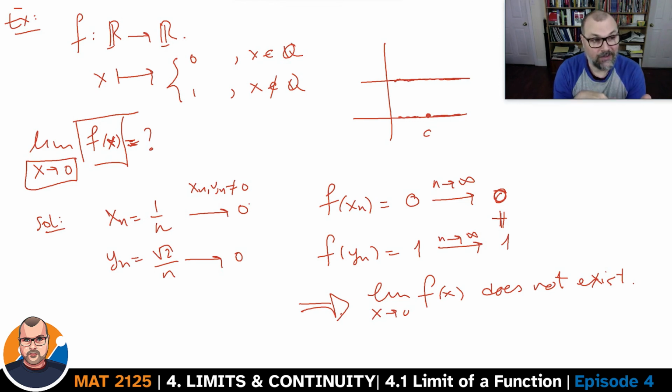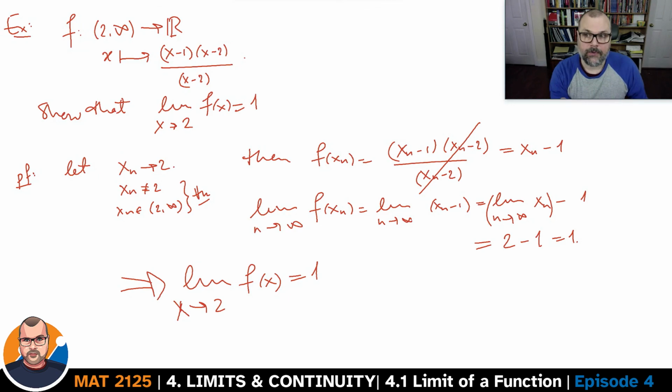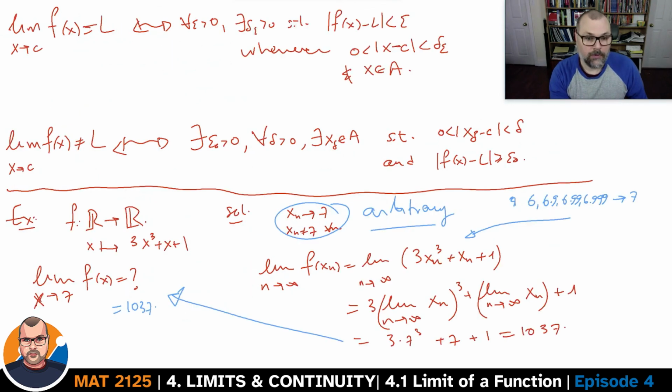So we've identified two potential limits. The function cannot have a limit at that point. So to show that a limit does not exist, you can do this: come up with a counterexample. But to show that the limit exists, you need to pick an arbitrary sequence, not two specific sequences which gave us different values. You see why it doesn't apply to situations such as this one, or even the bottom.